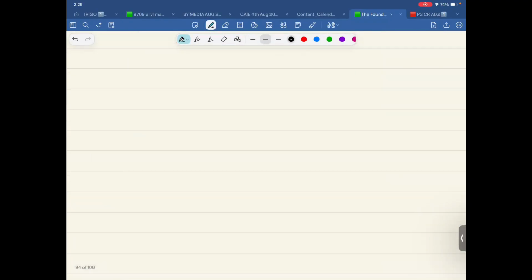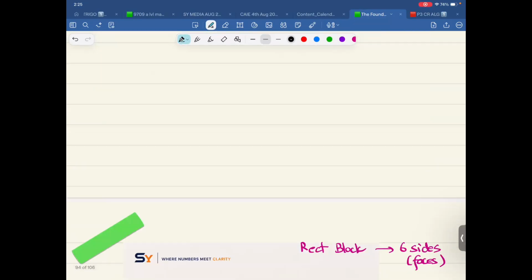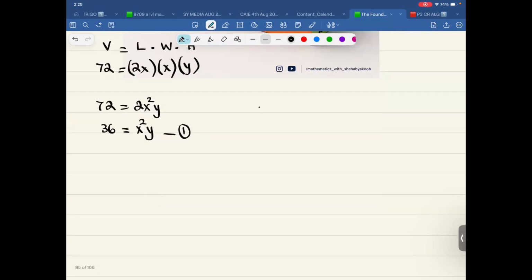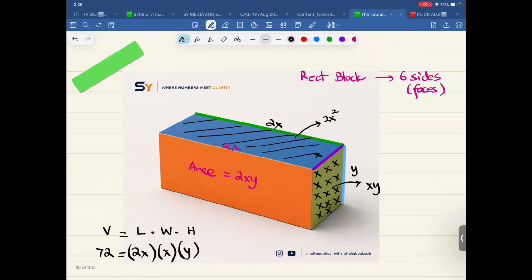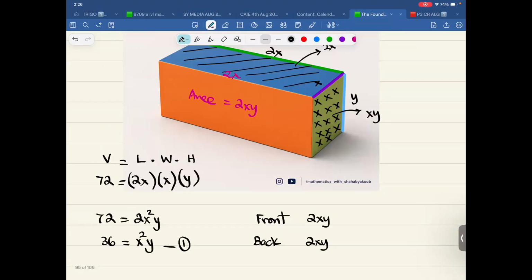Now it further says, show that the total surface area of the block is given by such and such. So now the total surface area, the front, that is 2xy. The back, that is 2xy.